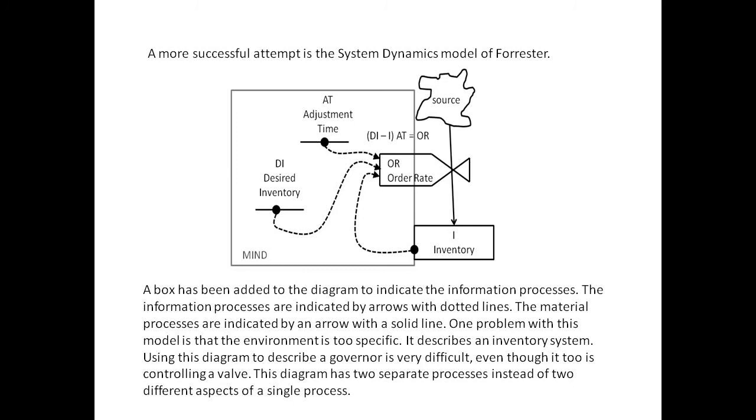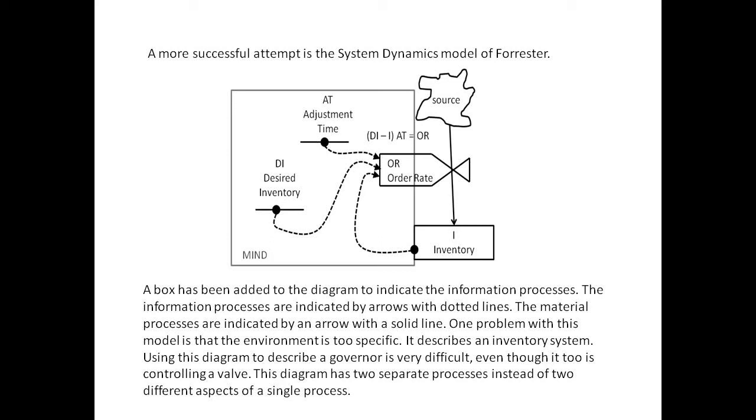A more successful attempt is the system dynamics model of Forrester. A box has been added to the diagram to indicate the information processes. The information processes are indicated by arrows with dotted lines. The material processes are indicated by an arrow with a solid line.